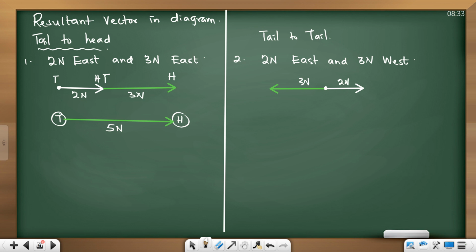Because one is positive, the other one is negative. If you add together, basically you are subtracting. Positive 3 minus 2. What's your answer? 1. And in which direction? Lovely. So I'll start from the beginning and then draw. 1 Newton.